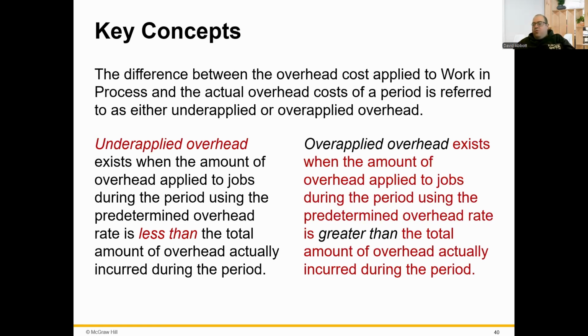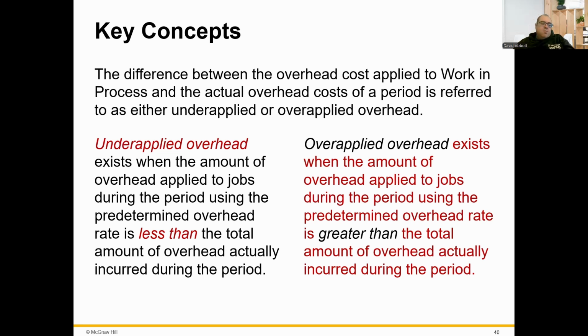So there are two different key concepts related to this topic. The first of which is defining and computing underapplied overhead and overapplied overhead. The difference between overhead costs applied in work in progress and the actual overhead costs for a period is termed either underapplied or overapplied overhead.